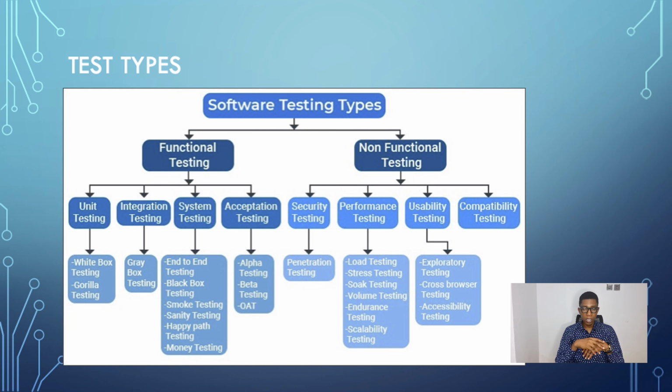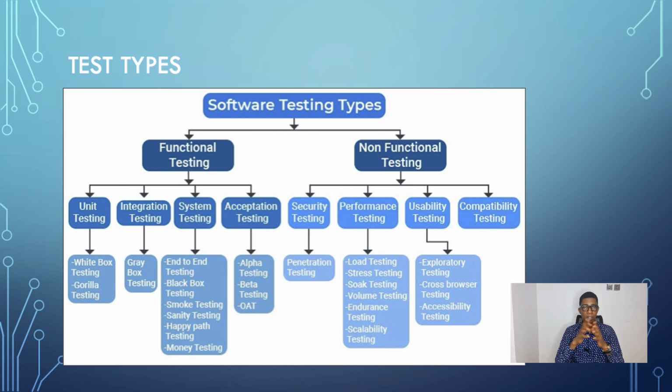Then there's acceptance testing. Acceptance testing we spoke about in the last video, but acceptance testing has a few types of tests also. It has alpha testing, beta testing, OAT.